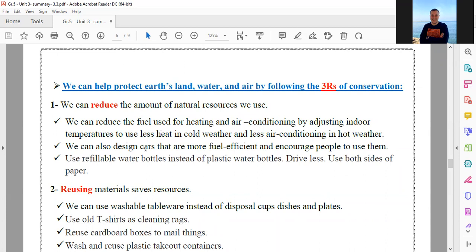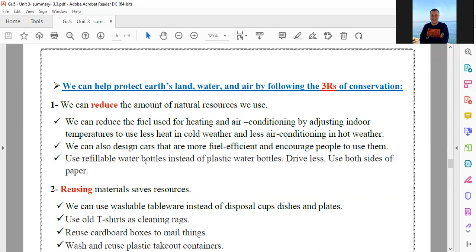Also, we can design cars that are more fuel efficient. Fuel efficient means that they are inventing new cars that will use less fuel in order to conserve fossil fuels and encourage people to use these types of cars.